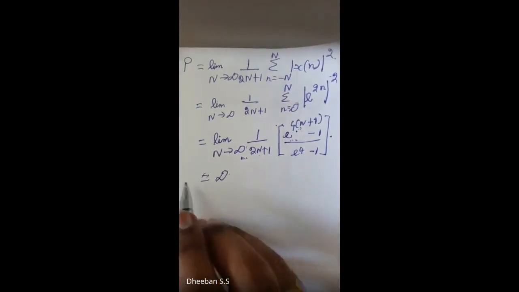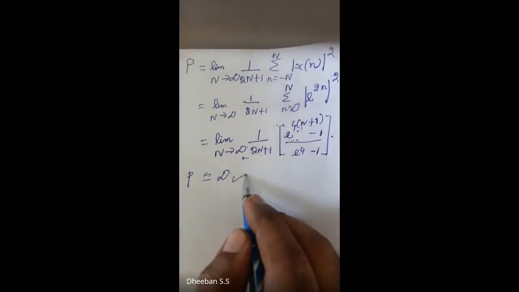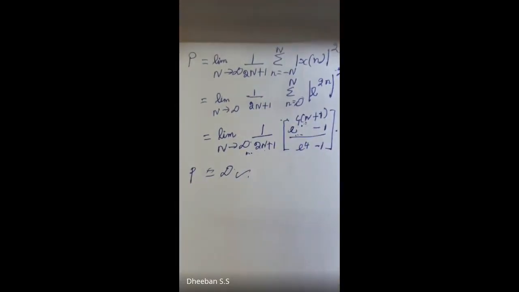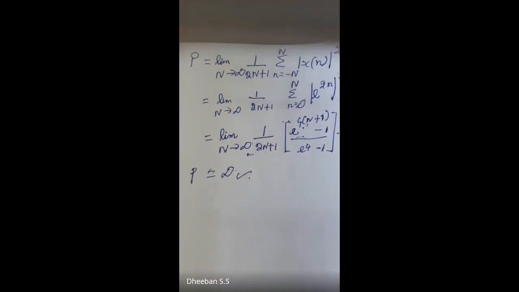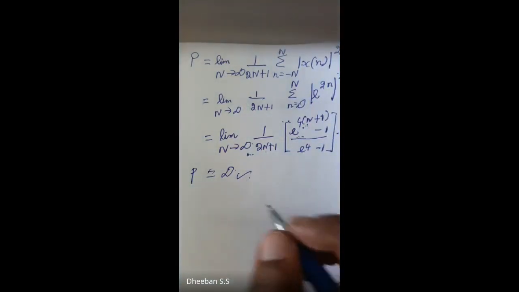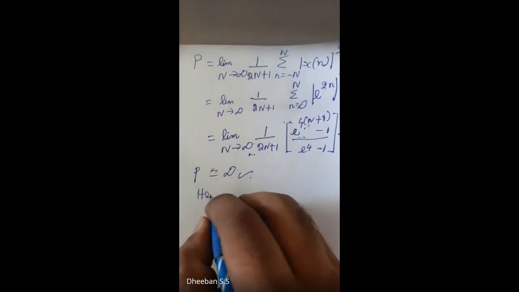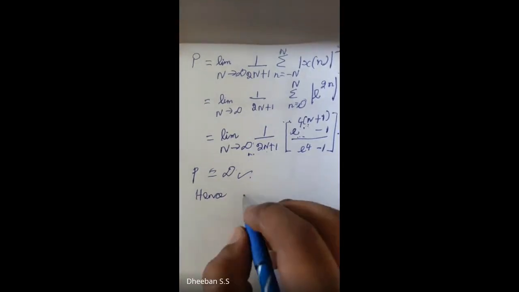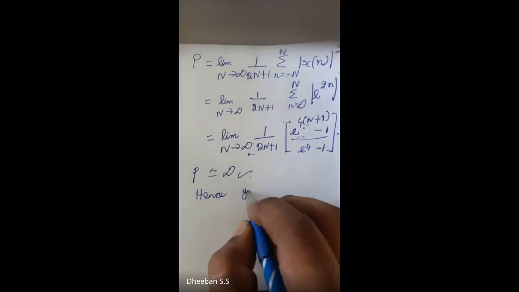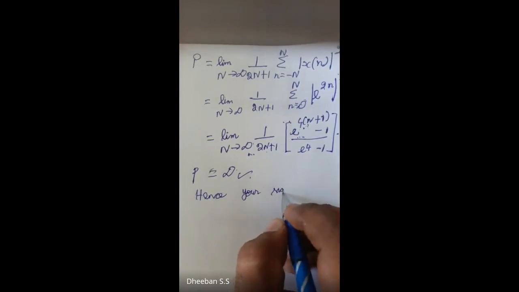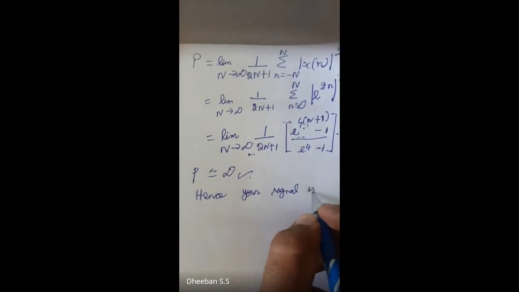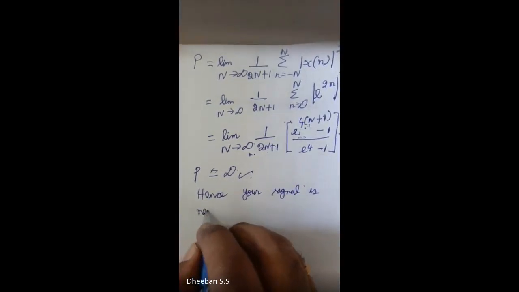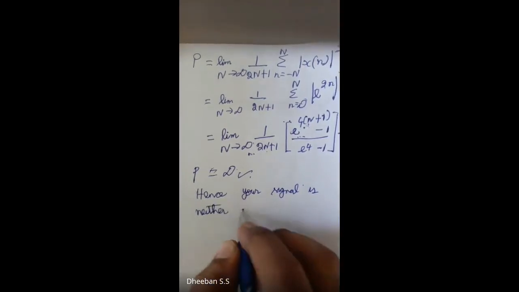So here the power is also infinite, energy is also infinite. So in general, you'll be getting both the power and energy are infinite. So hence your signal is neither power nor energy.